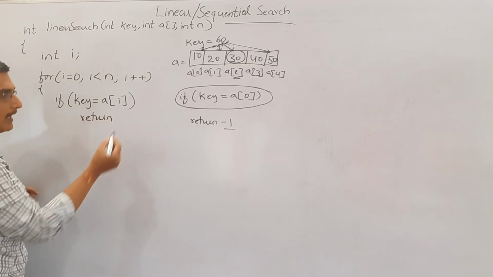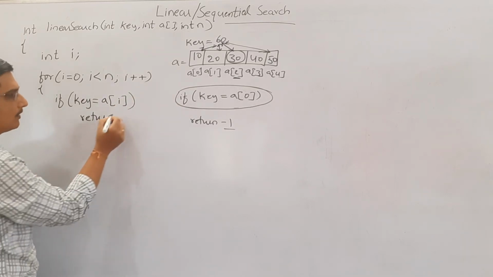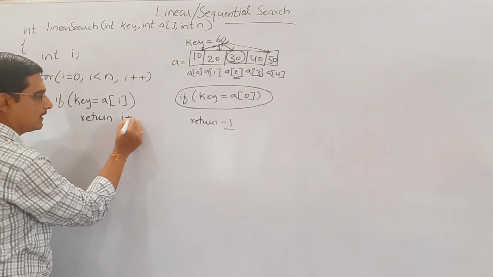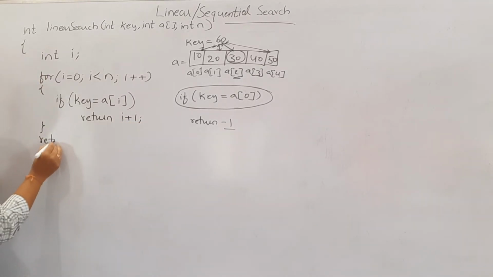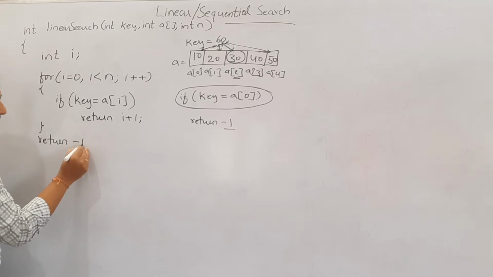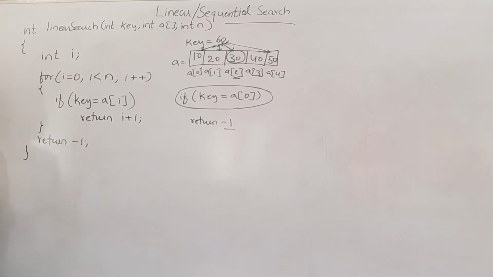As array indices start from 0, let us return i plus 1. Otherwise, we return -1. That's it. This is a simple method of searching, but it is not so efficient. We'll come to that later.